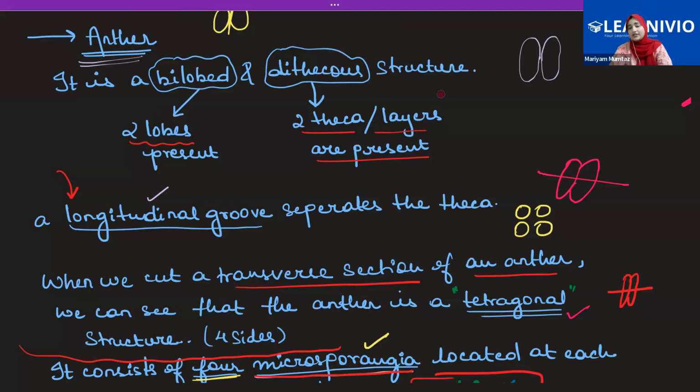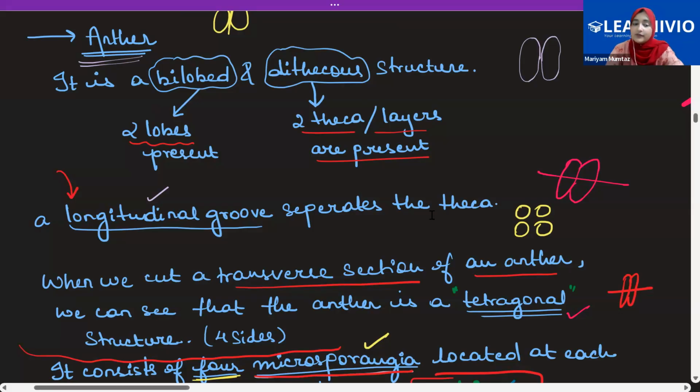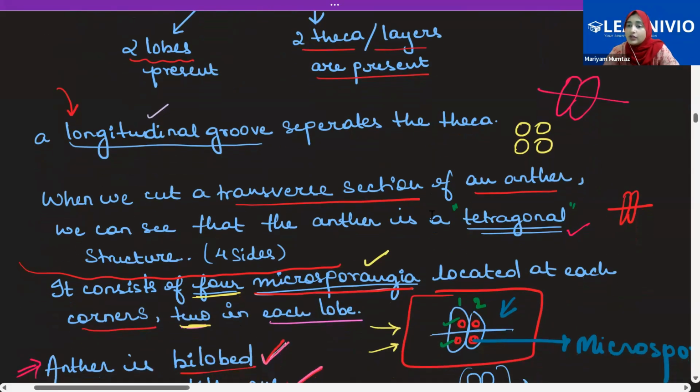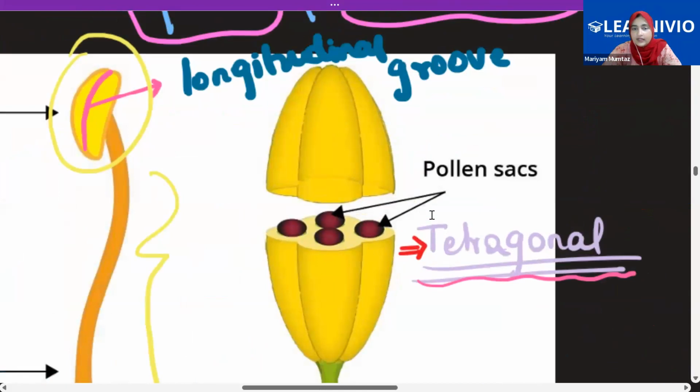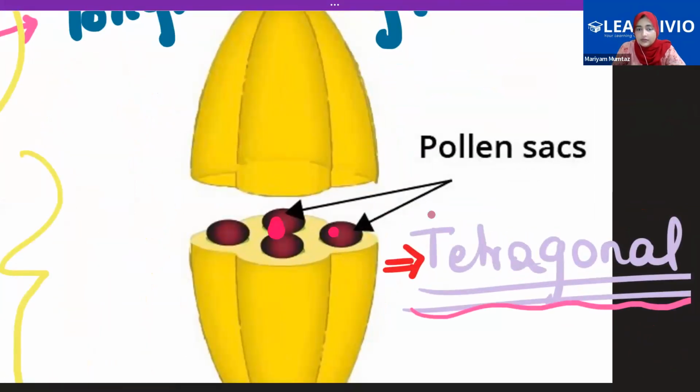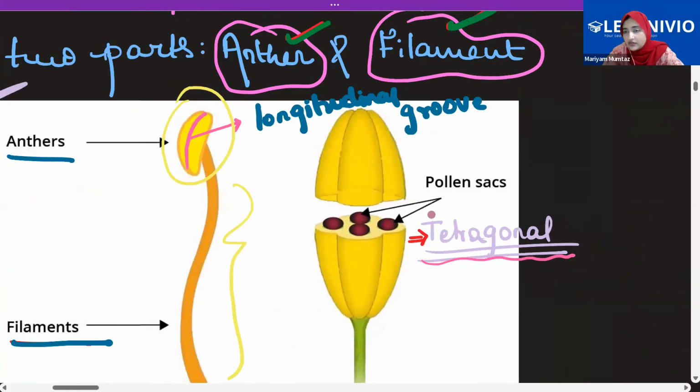Now, when you cut a transverse section of an anther, you can see that the anther from the inside is a tetragonal structure. Tetragonal means that it has four sides. See this? 1, 2, 3, and 4. Four sides are present. That is why we're calling it a tetragonal structure.